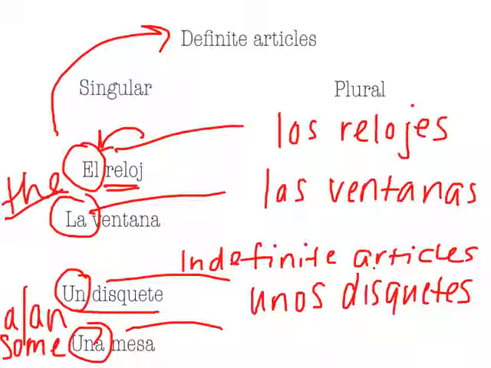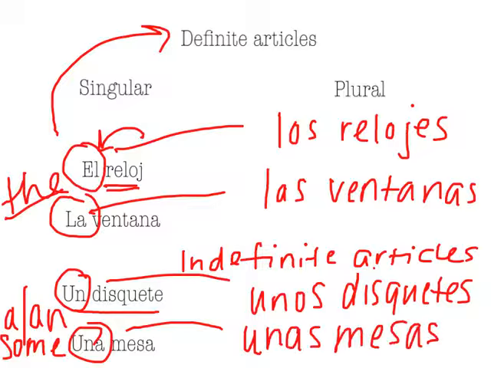And una changes to unas. So we'll have unas mesas, some tables. So the feminine forms, la and una, really are pretty easy because you just add the S, right? Women are less complicated. The male forms, el and un, are a little bit trickier because el changes to los, and then un, you have to add that OS.